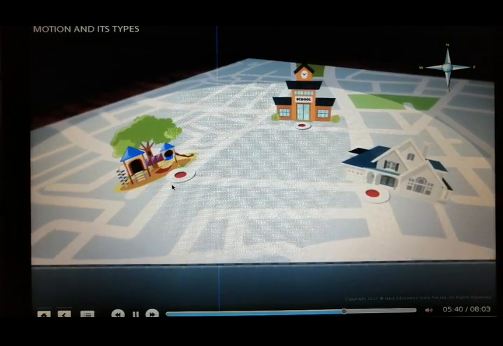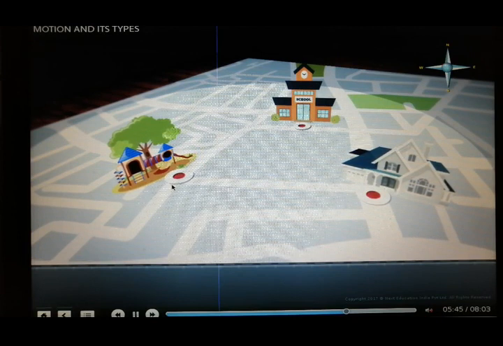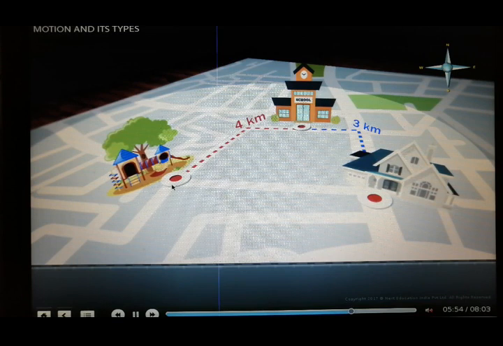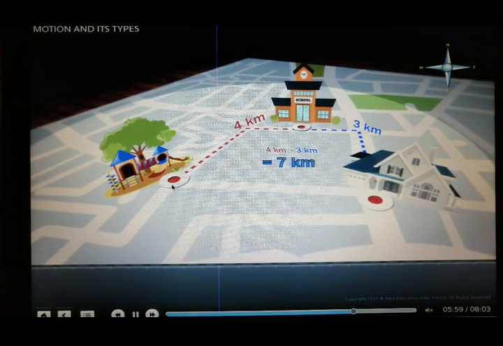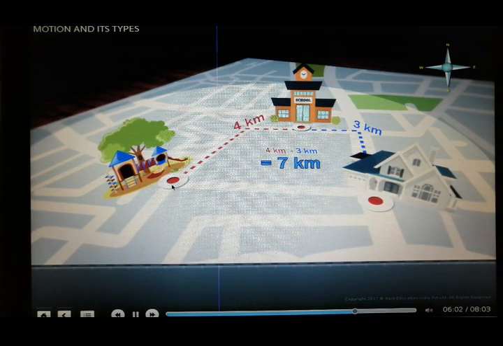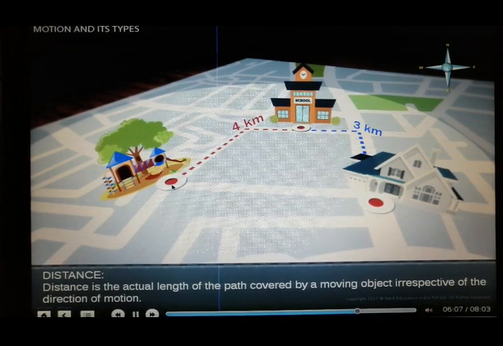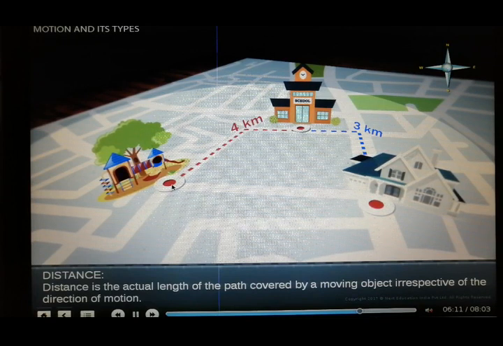Let's analyze both these quantities, taking an example. At the end of her school day, Mary goes from the school to the playground. The school is 3 kilometers away from her home and the playground is 4 kilometers away from the school. From home to school to the playground, Mary travels a total of 7 kilometers. This is the distance travelled by Mary. Thus, distance is the actual length of the path covered by a moving object, irrespective of the direction of motion.